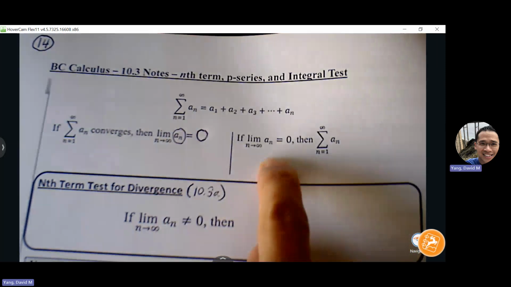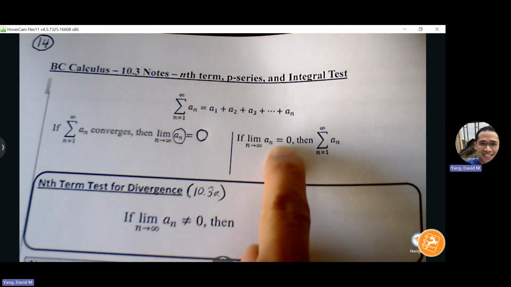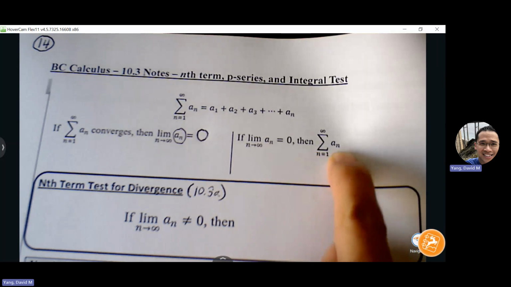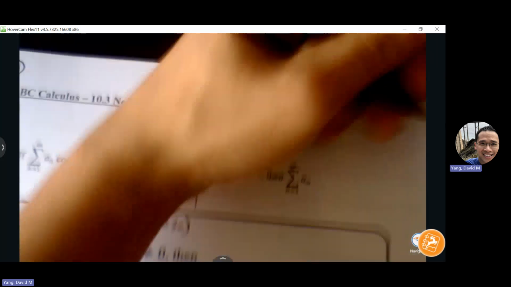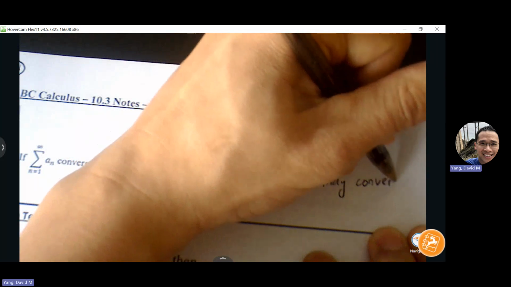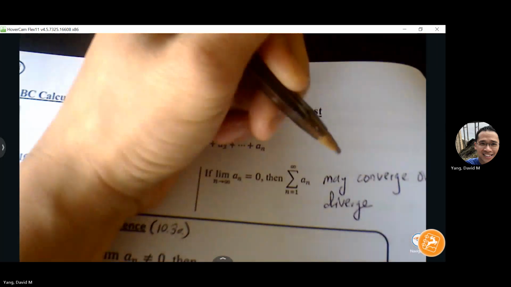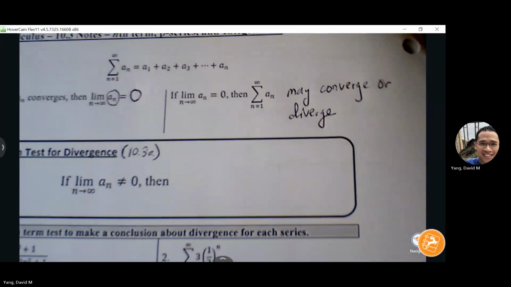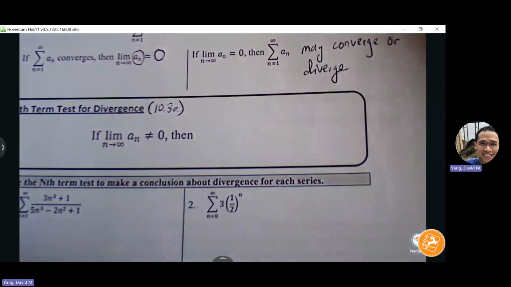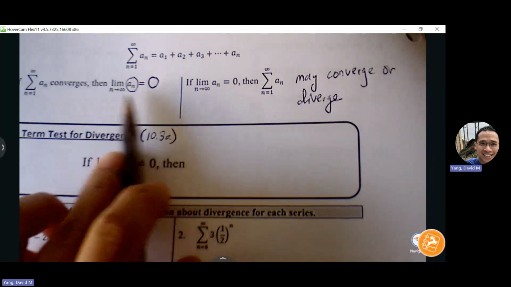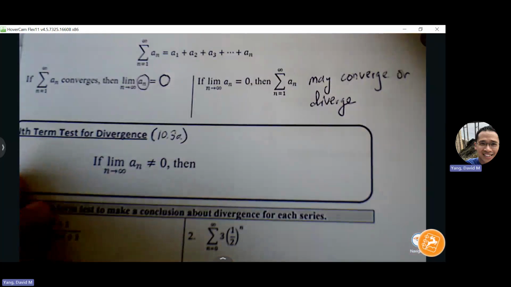If the terms of my sequence are getting smaller, it still may not be enough, meaning that my series may converge, but it could also diverge. So just because my terms are getting smaller or my sequence is getting towards 0, it doesn't guarantee that my series will converge.